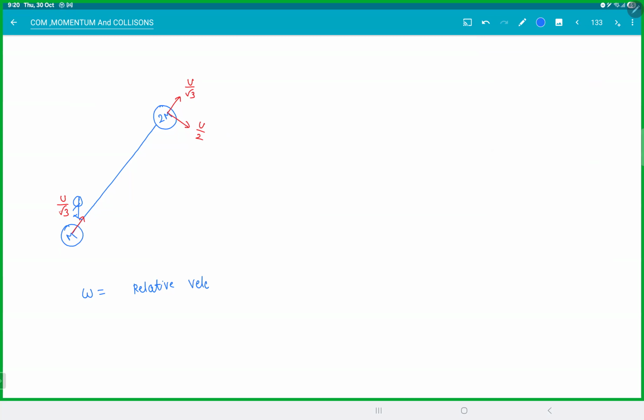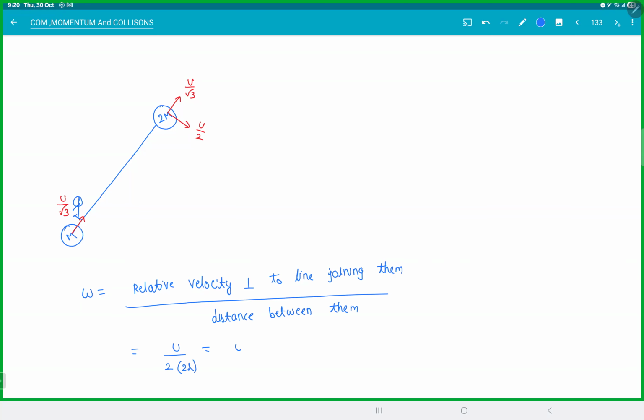So omega is simply the relative velocity perpendicular to the line joining them, divided by the distance between them. So basically V tangential by distance. That will be u by 2 by distance, which is 2L. This is your omega.